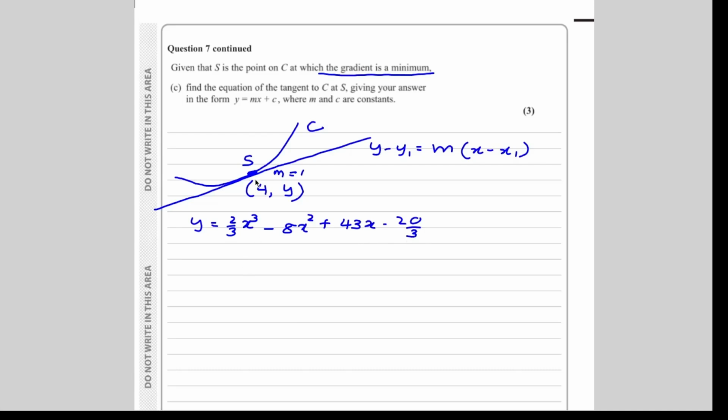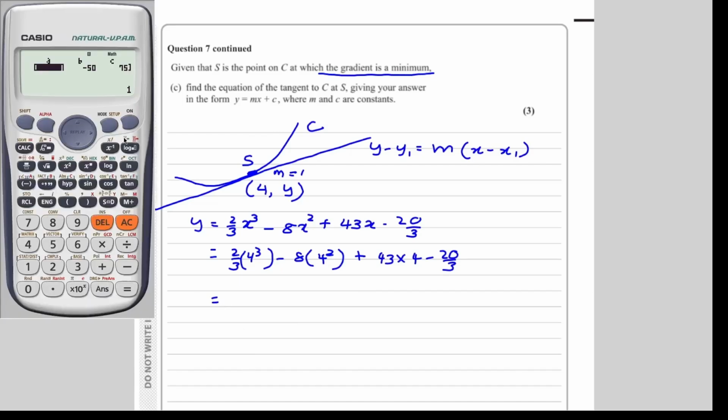So let's substitute this x coordinate into this equation and get what y is. 2 over 3 times 4 cubed minus 8 times 4 squared plus 43 times 4 minus 20 over 3 equals, let's plug these values into the calculator and get it.